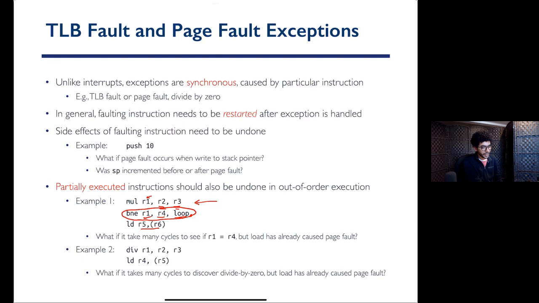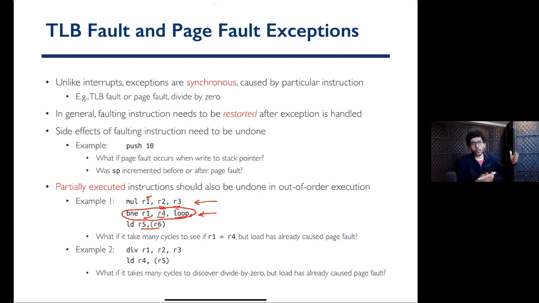Now, the result of this branch depends on that execution, because I'm checking R1 and R4. If I have yet to know what R1 is, I cannot execute the branch. I have to wait and see the result of R1. But if I really wait here, I'm going to waste a lot of CPU cycles.